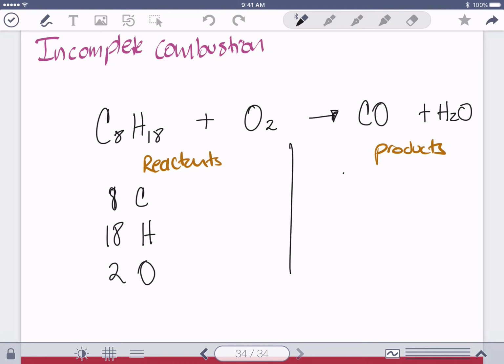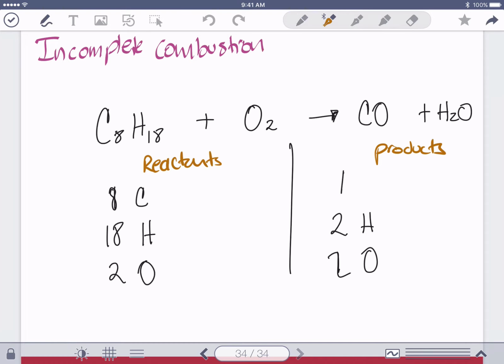In my products, I have 1 atom of carbon, 2 atoms of hydrogen, and 2 atoms of oxygen. So we can evidently notice that the reaction is not balanced.